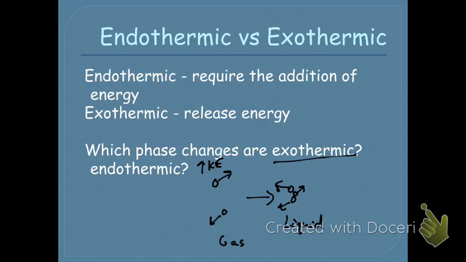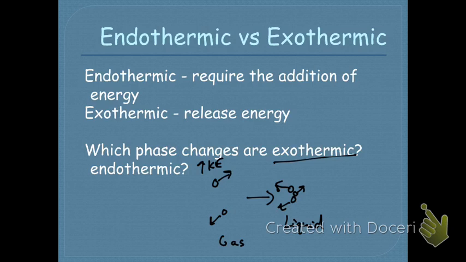So at this point, we would consider this exothermic. Why? Because in order for a gas to turn into a liquid, the gas particles have to lose energy in order to allow the IMF to bring them closer together. And so this would be an example of an exothermic reaction.